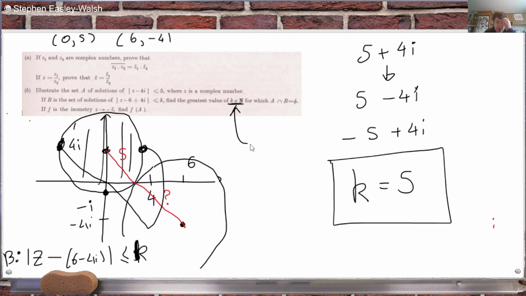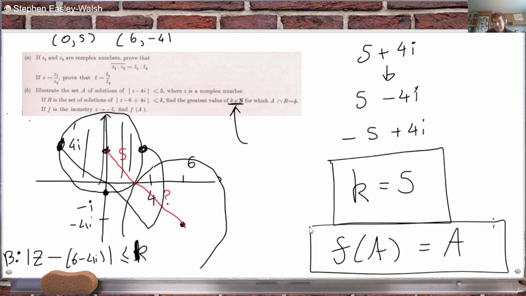But since k has to be a natural number, k is 5. Okay. Now I think I'm okay. Yeah. Okay. So to finish it off, f of set A is still A as well. There we go.